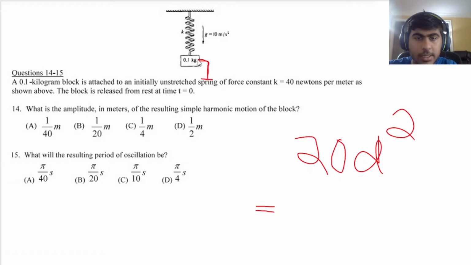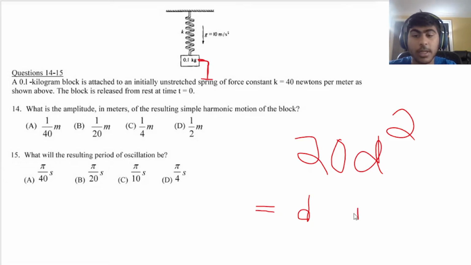And that distance is d. So d times m times g, dmg. mg is, of course, 0.1 kilograms times g, that's just going to be d.